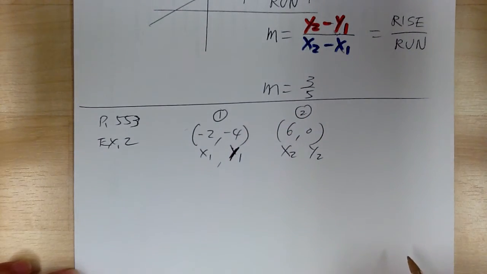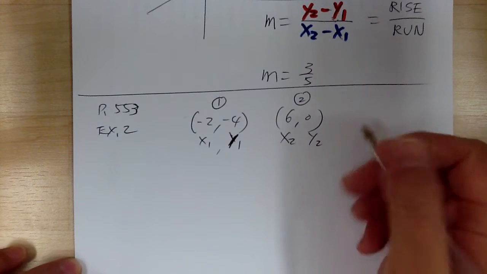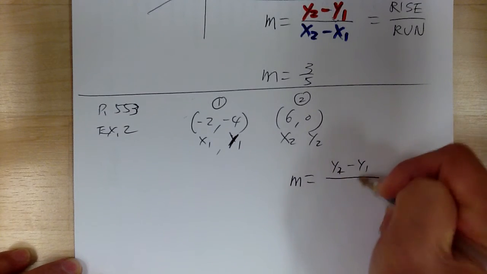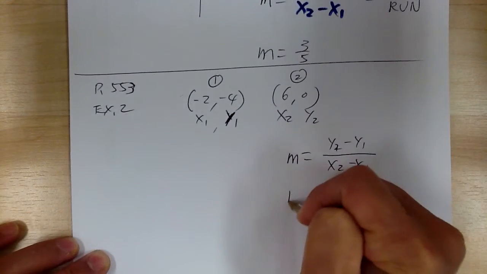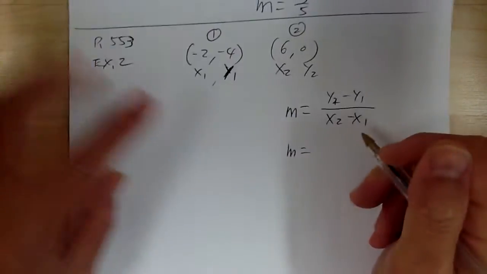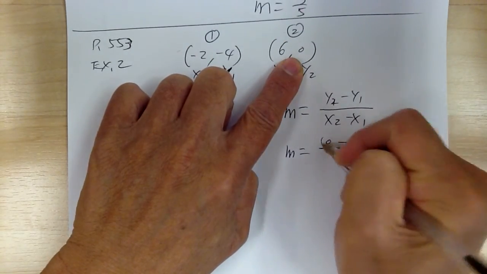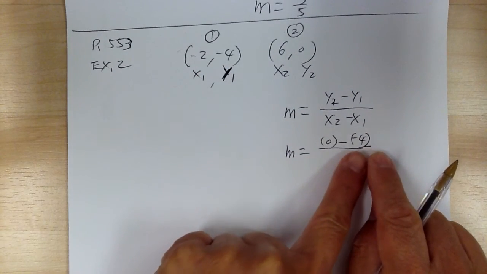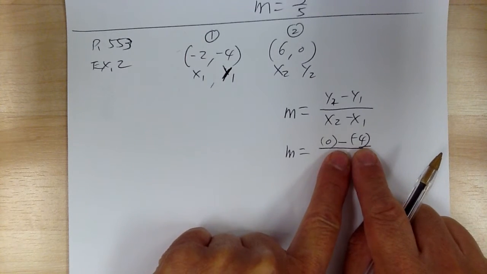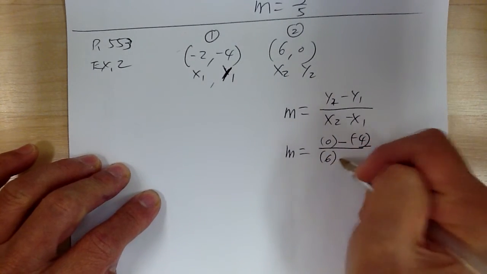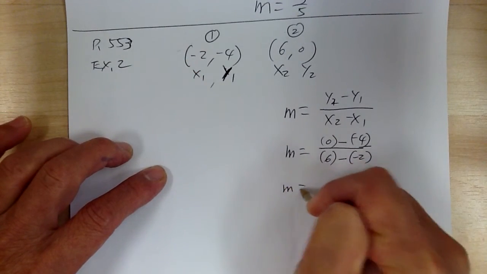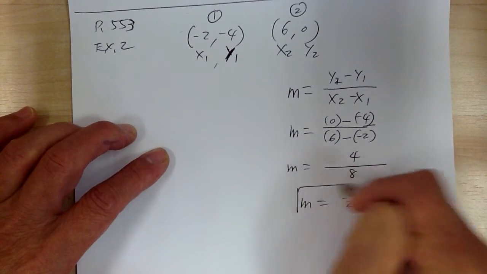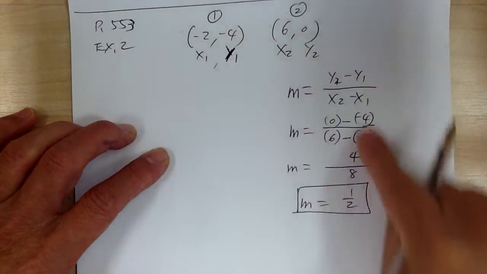If you just use the formula, m is equal to y2 minus y1 over x2 minus x1. So m equals 0 minus (-4). I use parentheses so that when I substitute, you can keep track of your negative and not make a mistake. Then 6 minus (-2). So the slope equals 4 over 8, which is 1 over 2. That's how you do it without a graph, just using the formula.